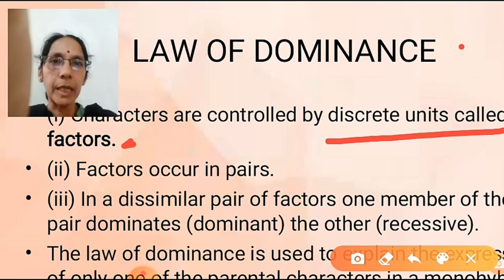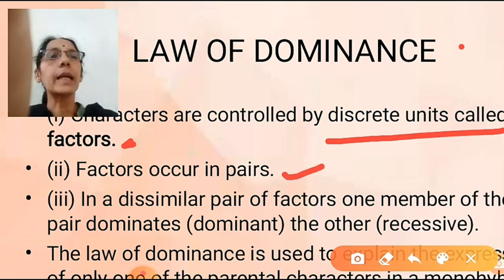During Mendel's time, he did not use the word gene; rather he used the word factor. Factors always occur in a pair. You know that each gene consists of two alleles, so factors occur in a pair.